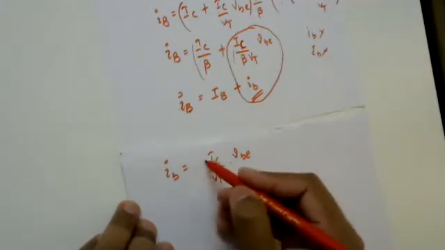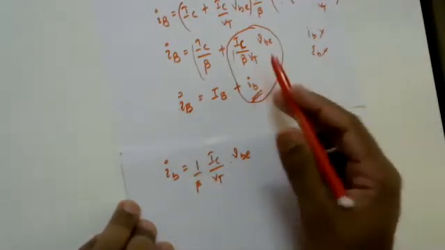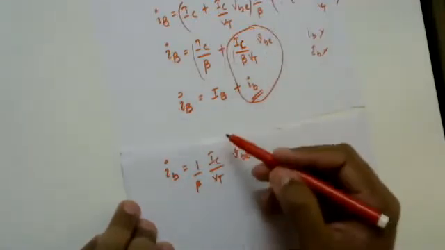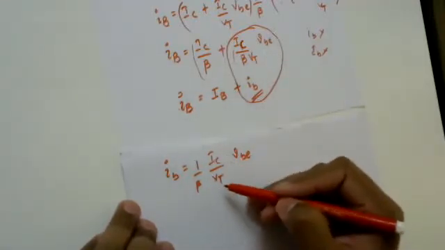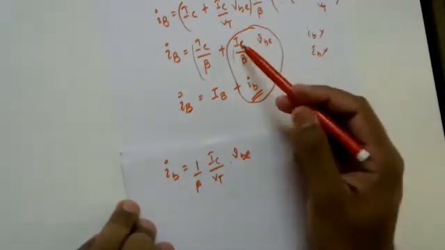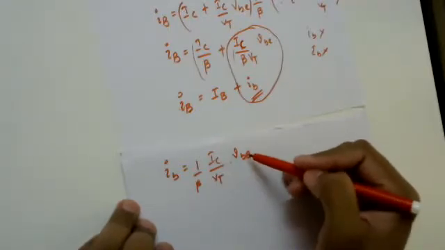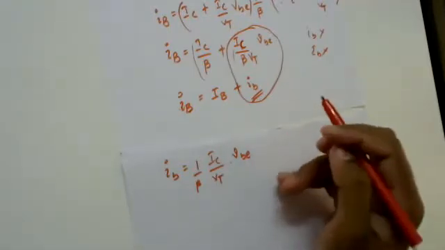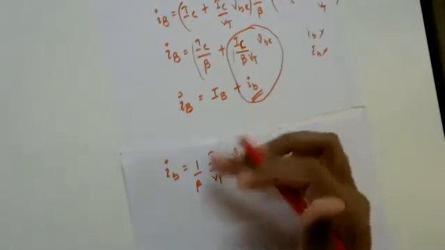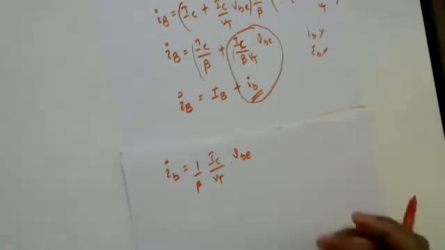This 1 by beta I'll keep separate. Everything is one and the same. IC divided by beta into VT into VBE. This can be written as 1 by beta separately, IC by VT into VBE. If you are involved in my interaction, you'll know why I'm writing in this particular format, because intentionally I know that.